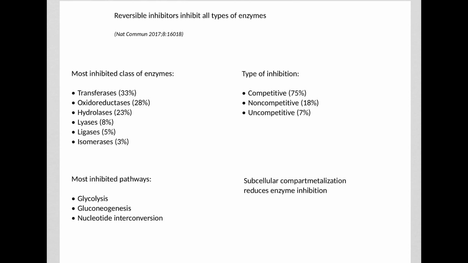So let's look a little bit at these major forms of inhibition: competitive, uncompetitive, and non-competitive. Now, non-competitive is a type of mixed inhibition.